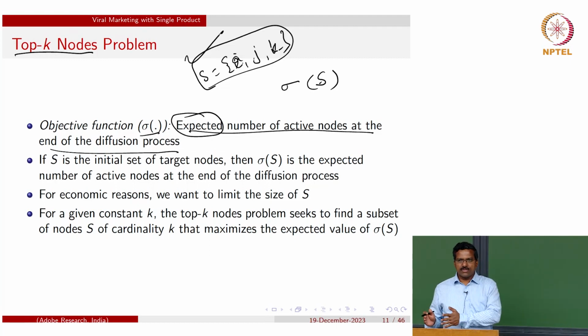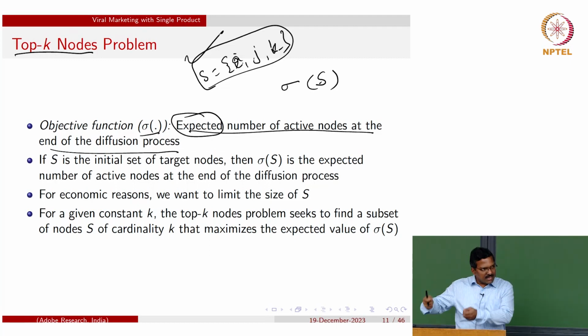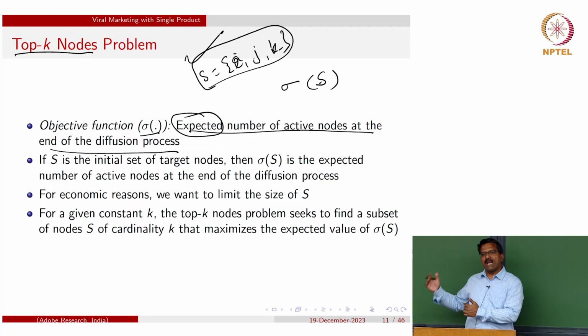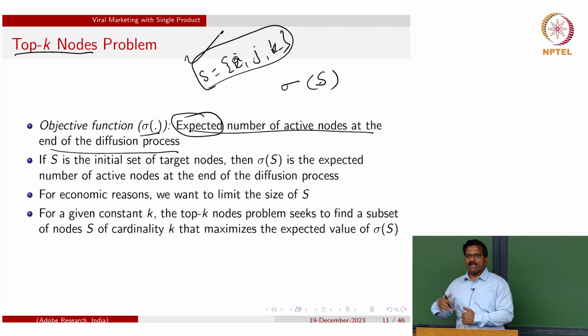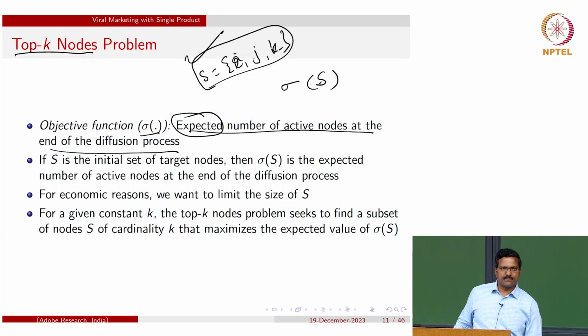Now in the second execution, these thetas are again sampled from the 0 to 1 interval, you fix the theta values for all the nodes, and for the same set S you calculate the activated nodes. So you repeat this process multiple times and take the average. That's where the expectation comes into the picture. S is the initial set of target nodes which I am making active, for example i, j, k, and this S I fix.